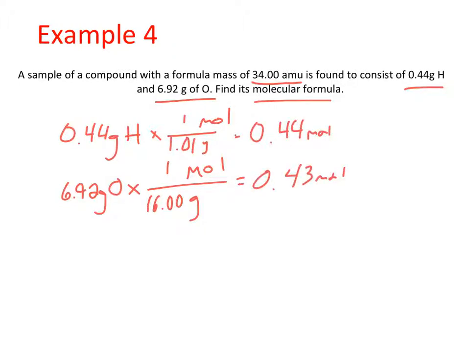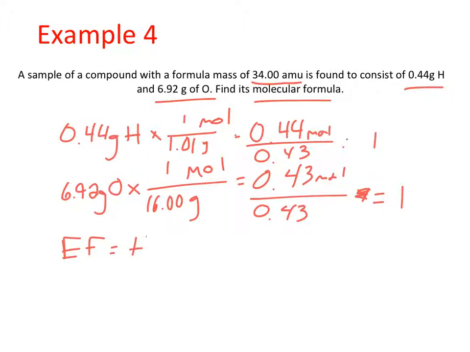After a quick calculation, those are my answers. I divide by the smallest one, and in this case, I get a 1 for both of those. So the empirical formula for this one is just HO. Now I have to find the molecular formula, so that's where the formula mass comes in. I need to find that x value again.